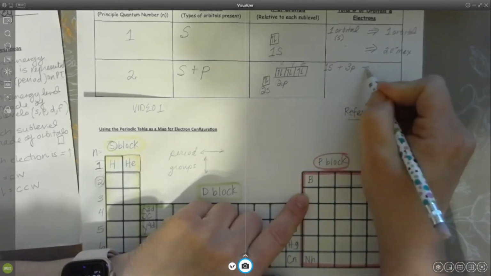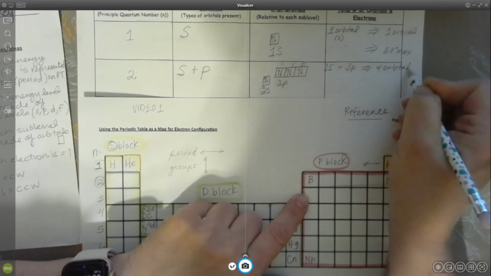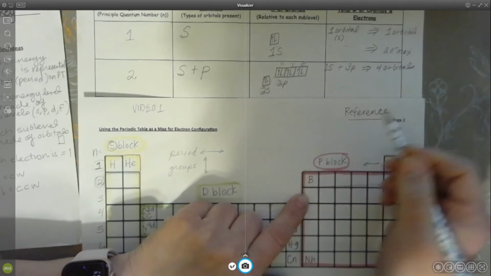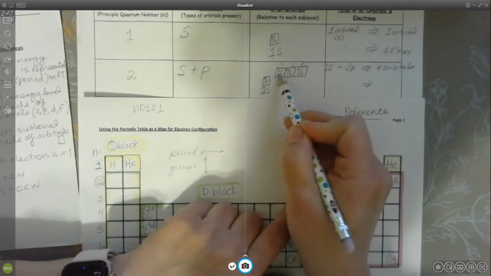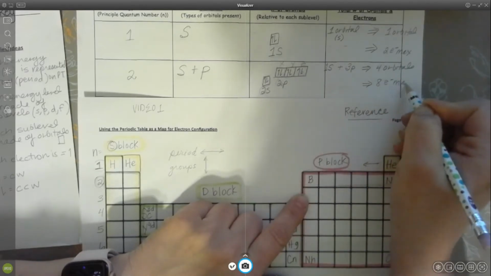So together, that's 4 orbitals. 1 s, 3 p's. And if each one of those can hold 2 electrons, 2, 4, 6, 8, 4 times 2 is 8 electrons max.